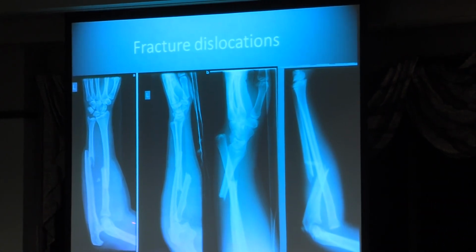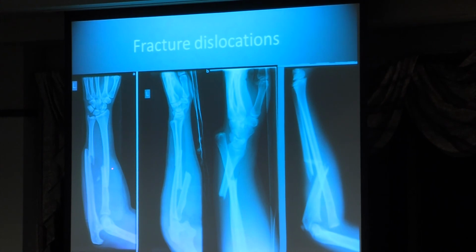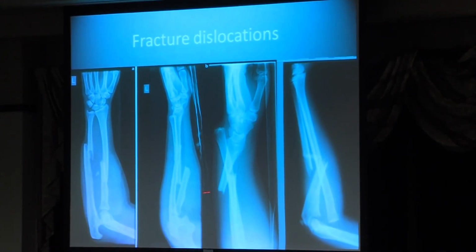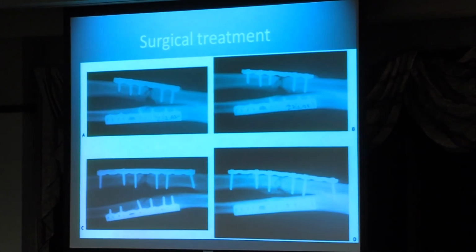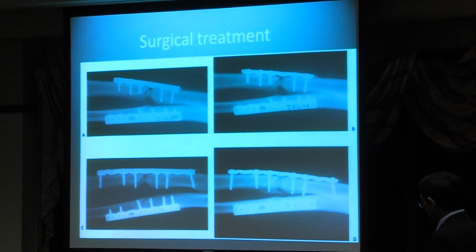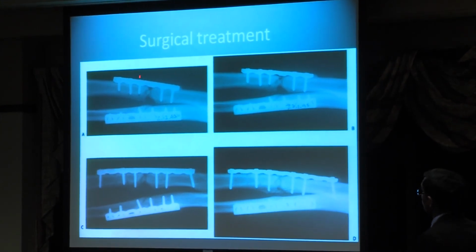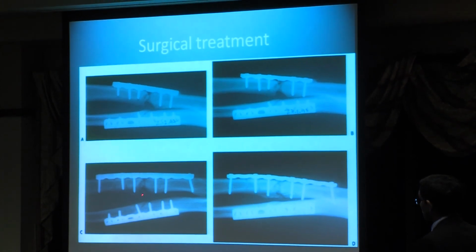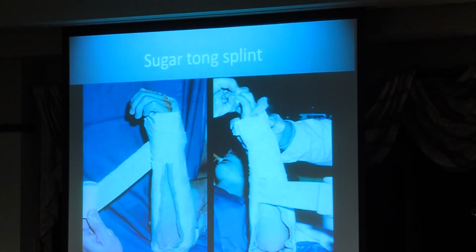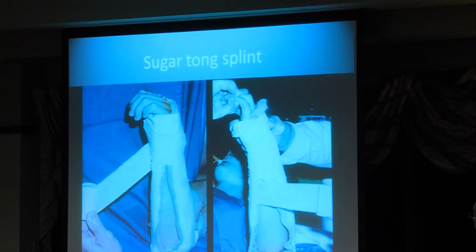It is not very uncommon to see dislocation along with fracture. This needs to be reduced and splinted before sending to the treating physician. And these are treated again by plate osteosynthesis most of the time, and bone graft if they have significant bone loss. And this is the splint which I showed.